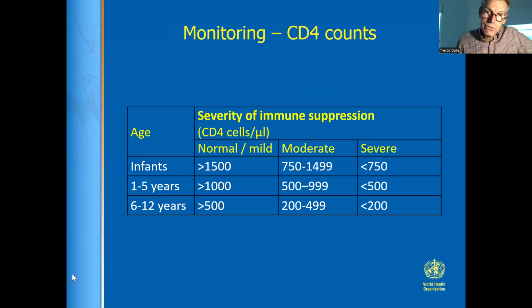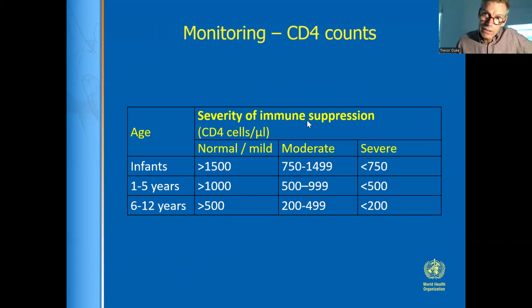It's age dependent, but if a child has a CD4 count more than 1,500 cells per microliter, then they've got a normal CD4 count. For a child 1 to 5, more than 1,000, and 6 to 12, more than 500. They're the normal levels.